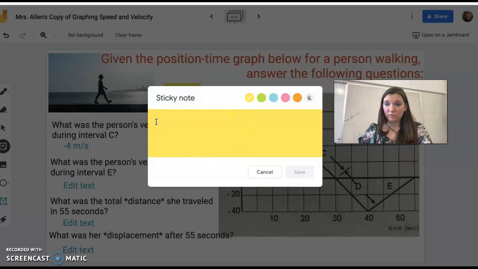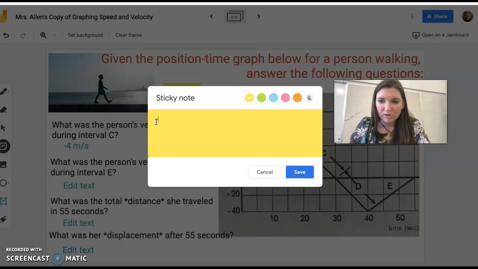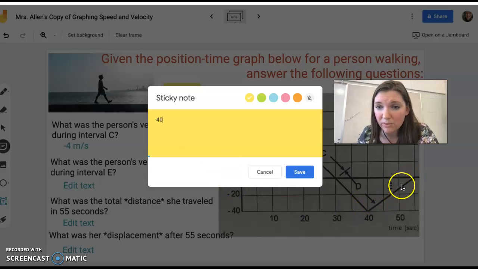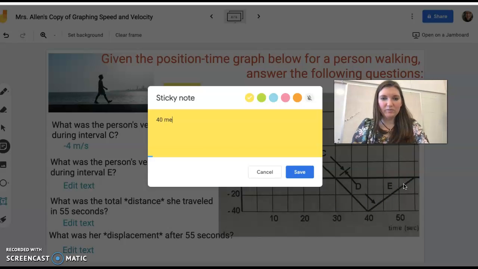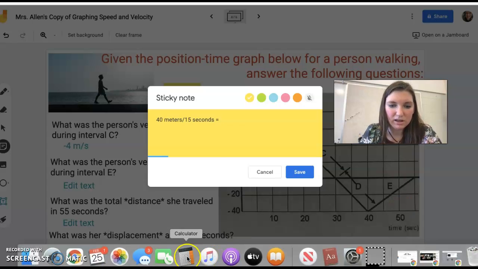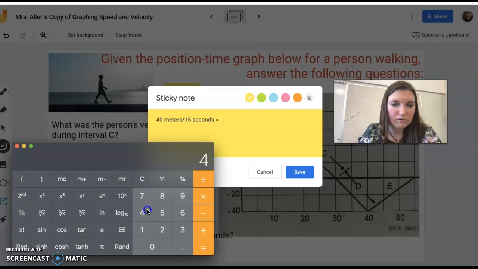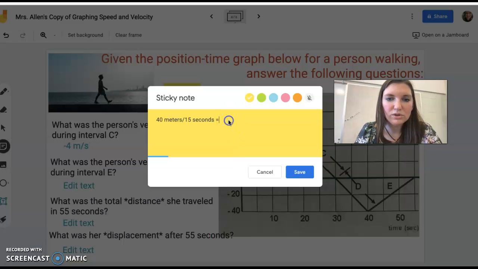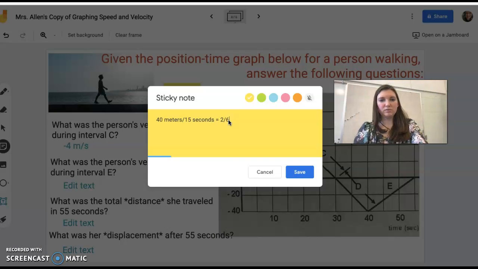So talking rise over run, we have a movement of going up by 40 meters in 15 seconds. So let's see what that is with our calculator. 40 divided by 15 is going to be 2.67 meters per second.